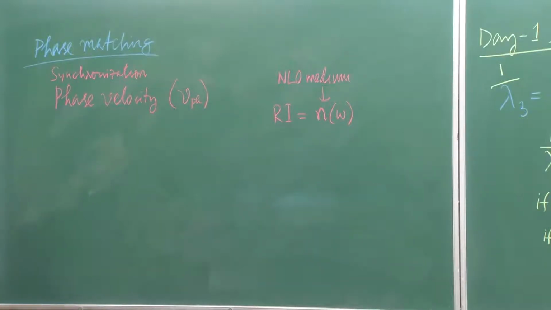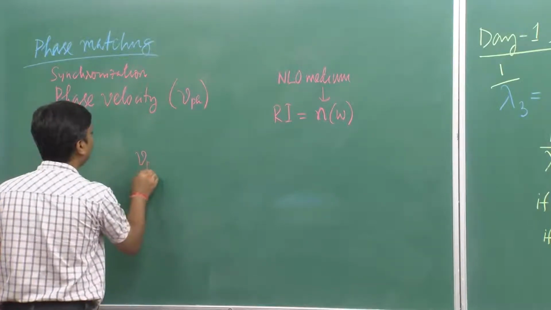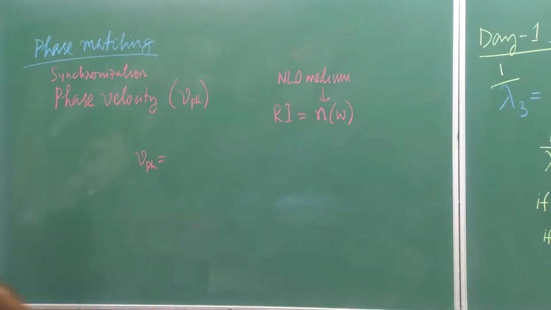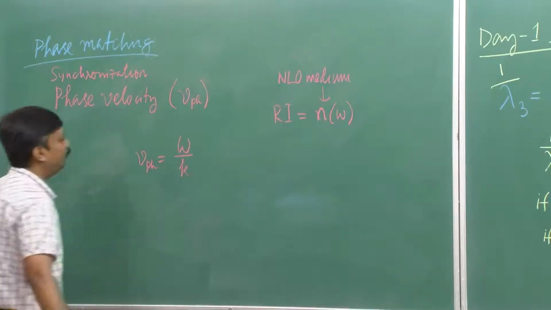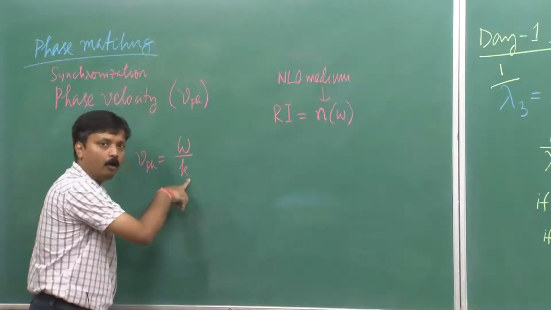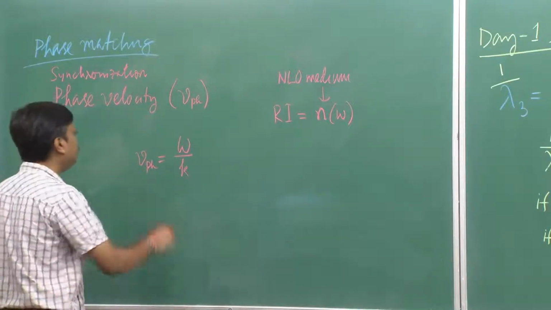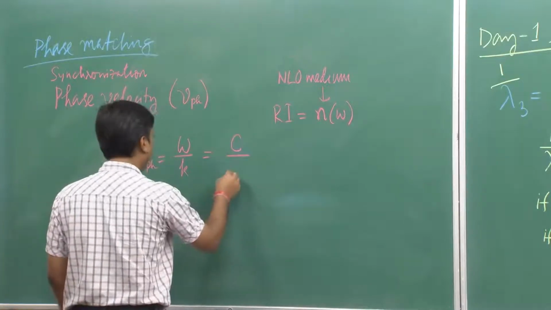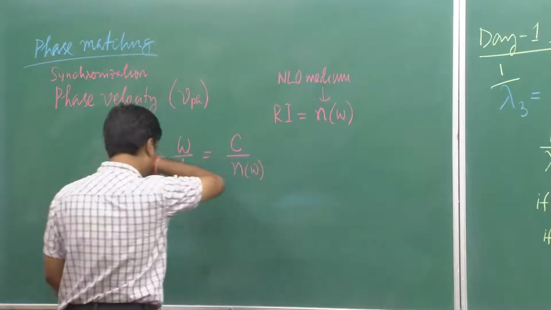And how is this phase velocity related to the refractive index? The thing that we know is this, where omega is the frequency and k is the wave vector of the light that we are considering, of a plane wave, and this we can write in terms of the velocity of light and the refractive index n of omega.